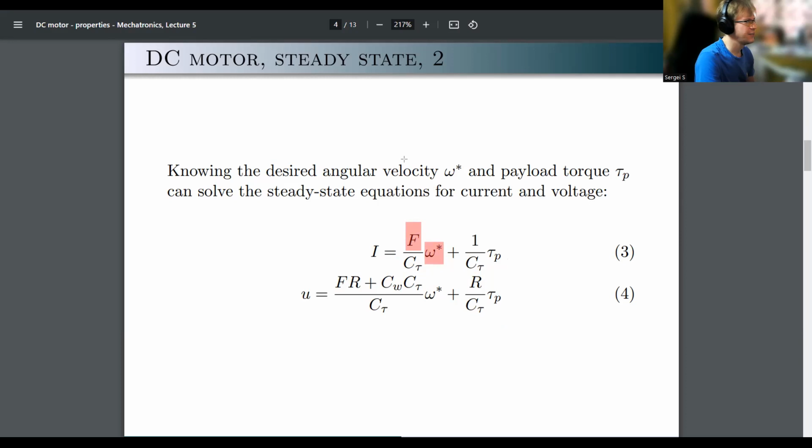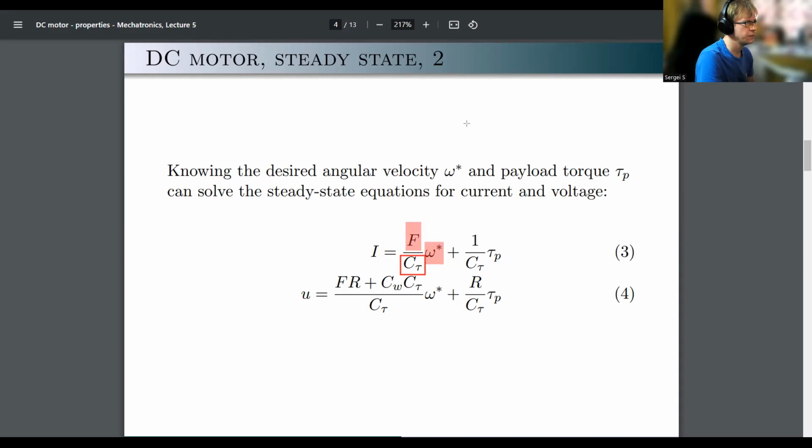Everything in the second equation for the motor is a torque, because it comes from the Euler dynamical equation for the 2D case. So this is a torque, and we divide it by the torque coefficient to get the current that will produce torque to compensate for it. So it makes perfect sense.